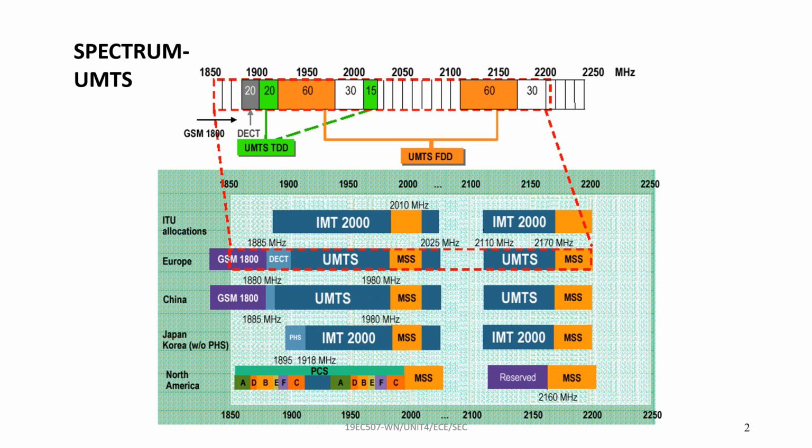And this UMTS technology deploys both TDD as well as FDD, time division duplexing as well as frequency division duplexing. This detailed diagram shows the spectrum of UMTS distribution.